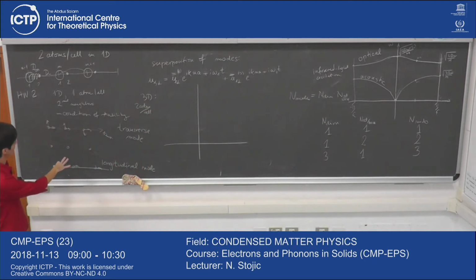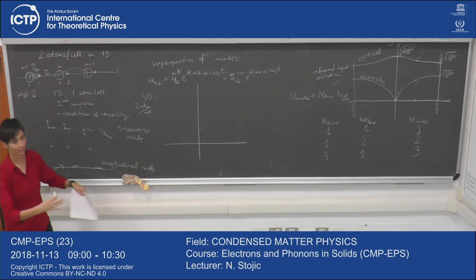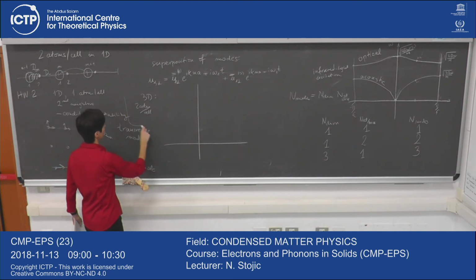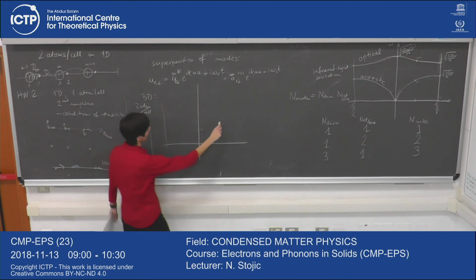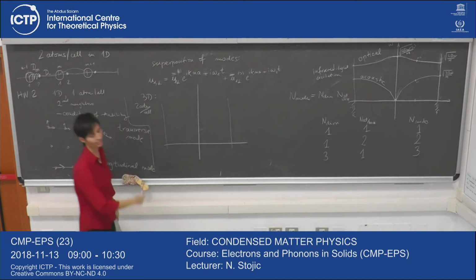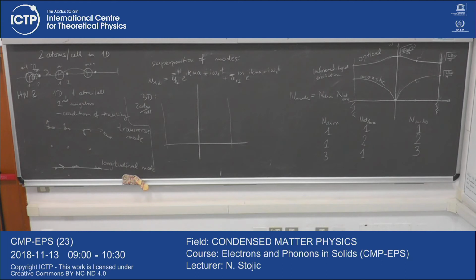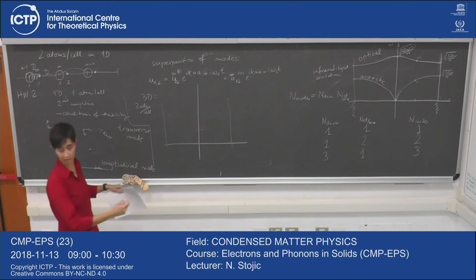Here it was confusing because I drew only one atom per cell, so I was talking about optical in general for any. Let's say this is the zone boundary. I'm not even saying what kind of cell it is: 2 atoms per cell and 3D. How many acoustic modes will I have? The motion of the central mass, as many as directions in space.